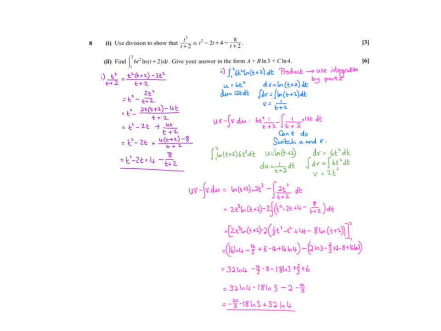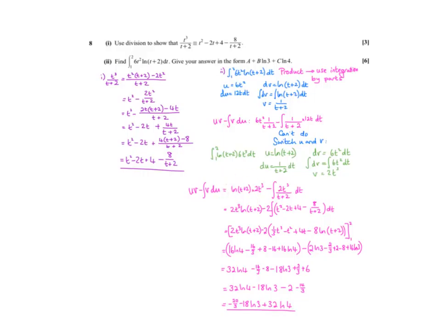If I now have switched these two things around, so I'm saying u is ln of t plus 2, so du/dt is 1 over t plus 2, and all of this is dv. dv is 6t squared dt, giving me v being this, 2t cubed. Integration by parts, uv, take away the integral of v du, and du is 1 over t plus 2 dt.